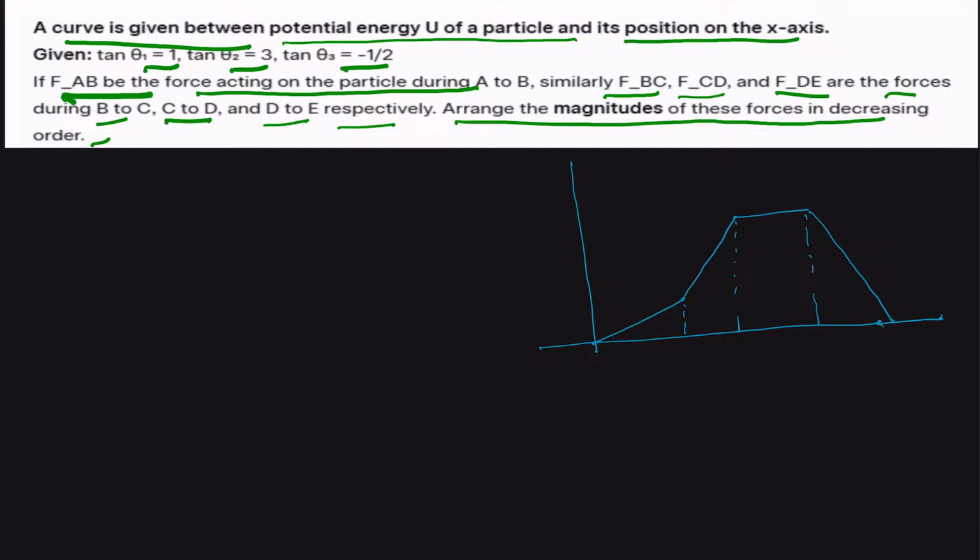And this is about A, B, C, D and E, and this is given as theta 1, this is theta 2, and this is theta 3, and this is our energy U. This is our X. Anything else? No, only this much is given. So let's come back to the question.